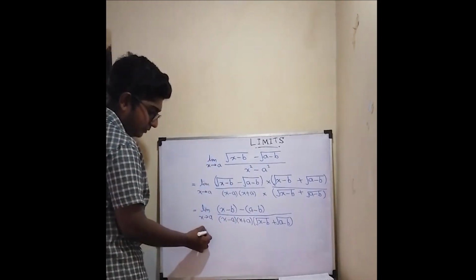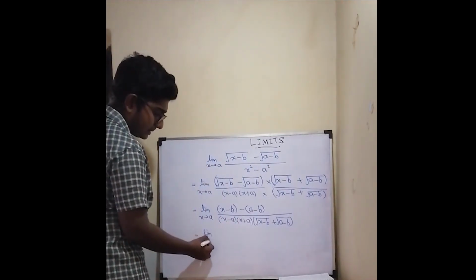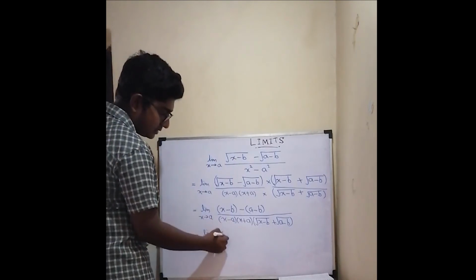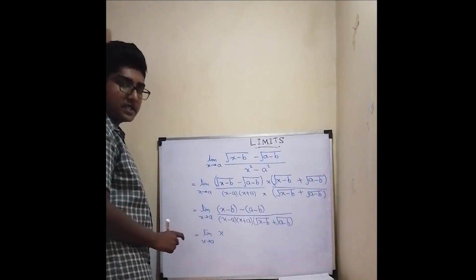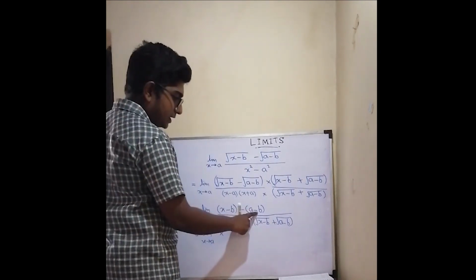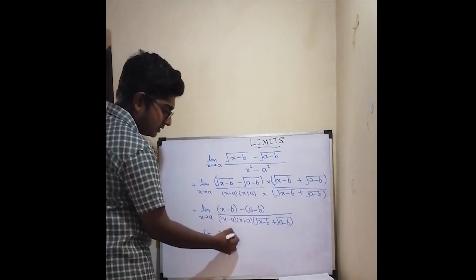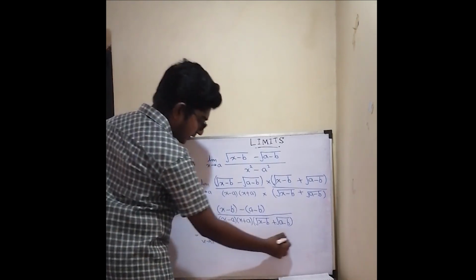After simplifying the numerator, we have x minus b minus a minus into minus plus b. This minus b and plus b get cancelled and we have x minus a.